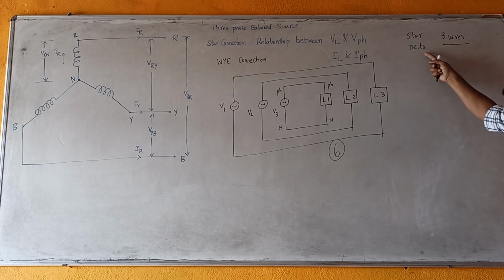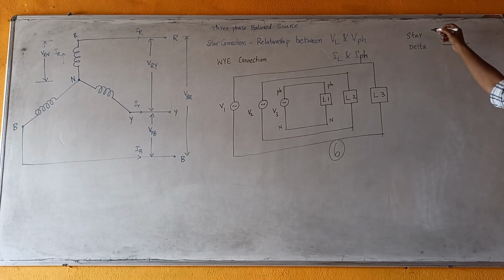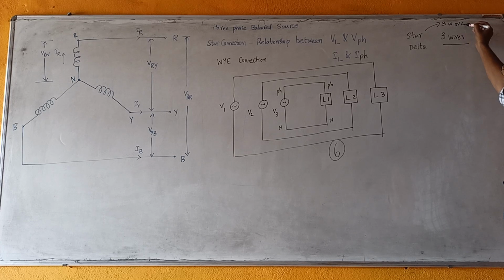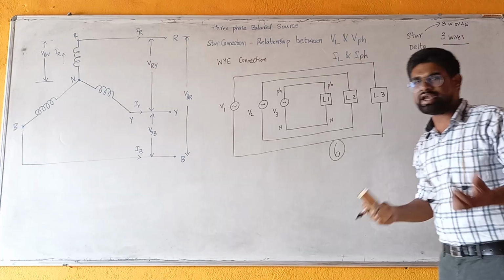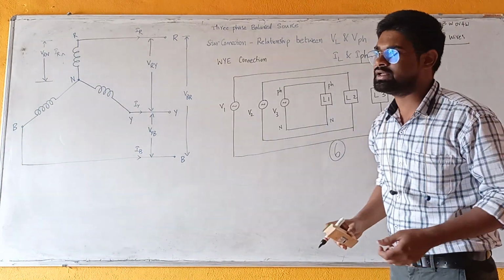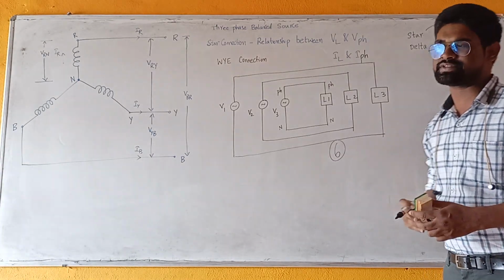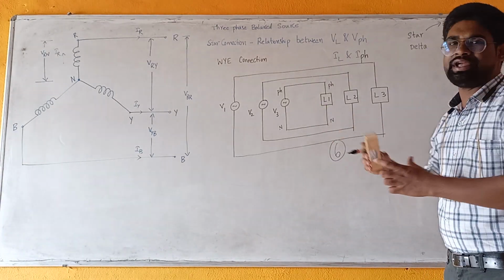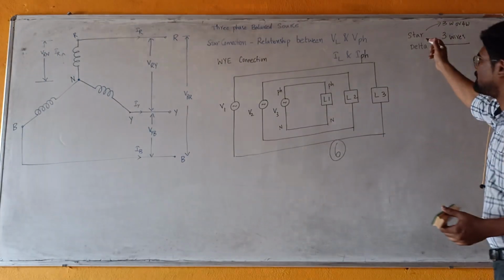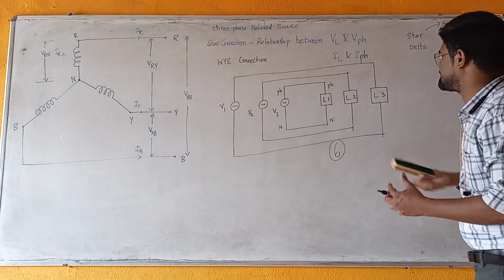Both systems use 3 wires. Of course, sometimes the star may be a 3-wire system or it may be a 4-wire system, but the number of wires has been reduced, which is efficient as well as economical. So this is the importance of star and delta type of systems. Now let us go in detail with the first type of system, and that is the star type of system.